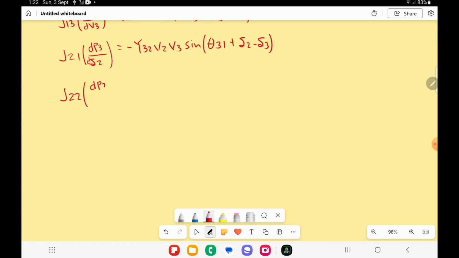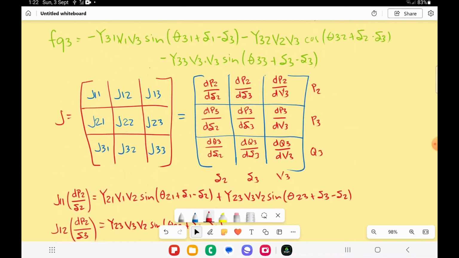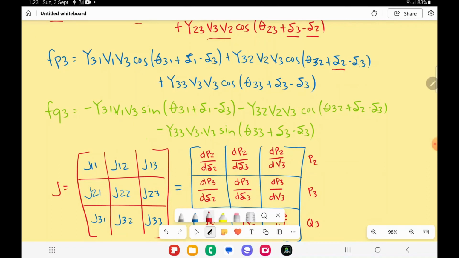So the next is J22. This is the partial derivative of P3 in terms of delta 3. So we look again for function P3 in terms of delta 3. We have delta 3 in the first term. We have also delta 3 in the second term. And we have also delta 3 in the third term, but this will be cancelled. So in the first term, we have negative delta 3, and the derivative of cosine is negative sine.